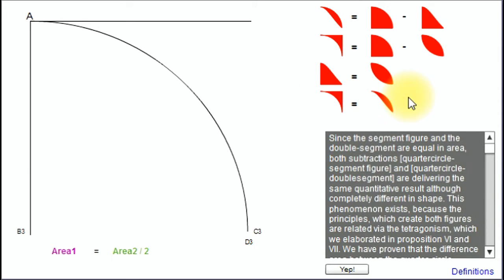So this would be visually very hard to conceive, but by the use of the principles which Leibniz established before in the previous propositions, he made it very obvious that these areas must be equal.